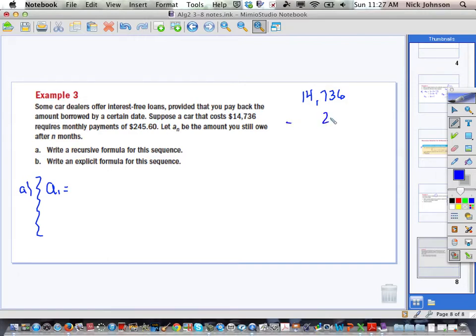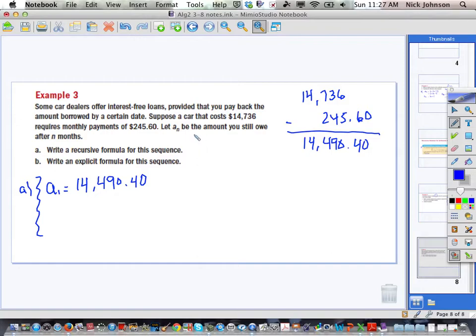So I got to subtract $245.60. Okay? And if you do that on your calculator, you should get out $14,490.40. So that is actually my first term. $14,490.40. You got to kind of watch yourself here.